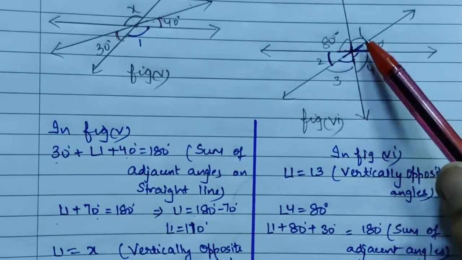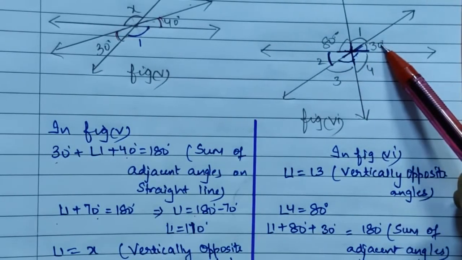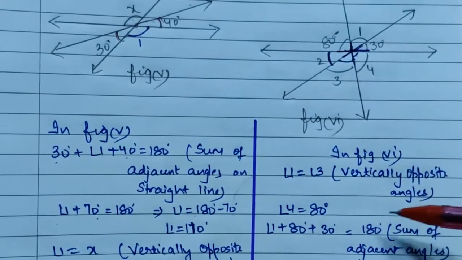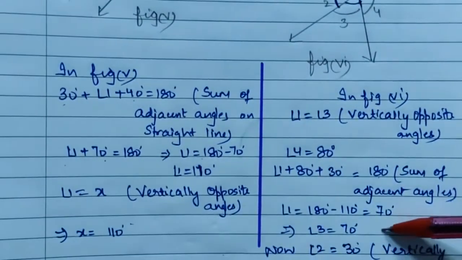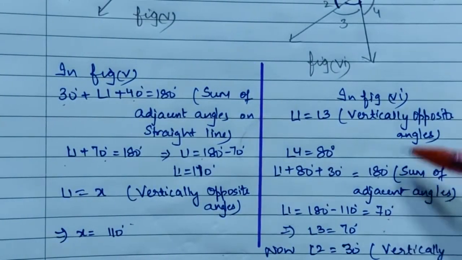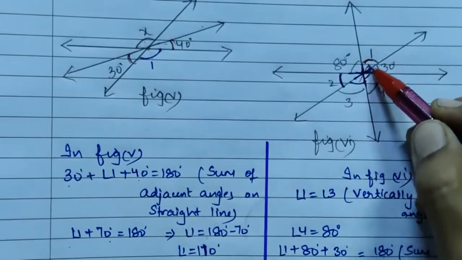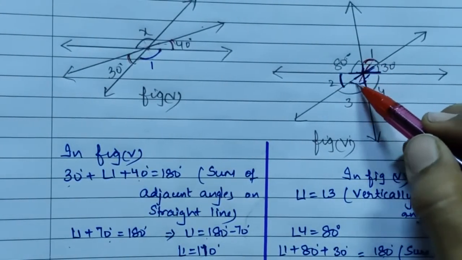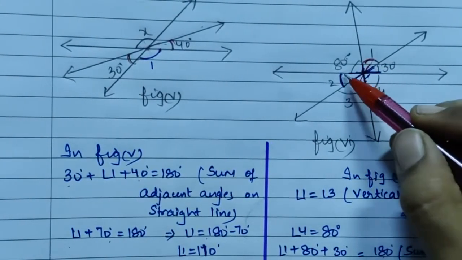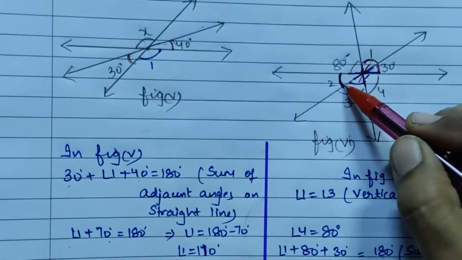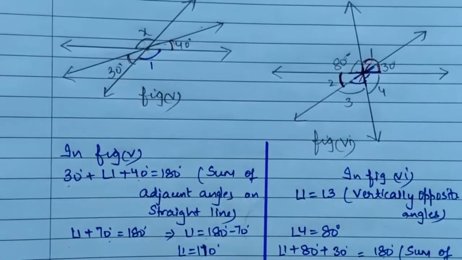That is 80 plus angle 1 plus 30 is equal to 180 degrees. So this is 110, and 180 minus 110 gives you 70 degrees. Now this is 70 degrees and this is vertically opposite to it. So angle 3 will also be 70 degrees, and angle 2 is vertically opposite to 30 degrees, so this will also be 30 degrees.